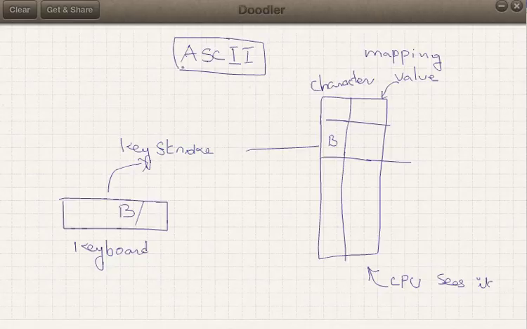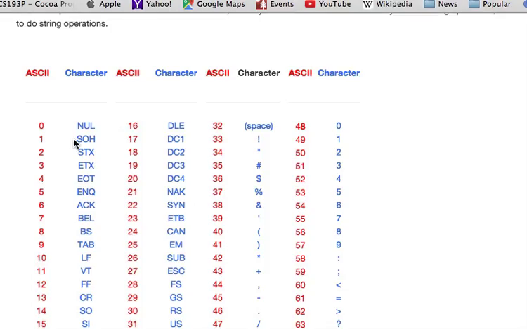So let's see some of the important letters. If you go back to your module, you see the one in red is the ASCII value, and the character that you type. For instance, the very first value is null. You see that 0 means null. So what does it mean?